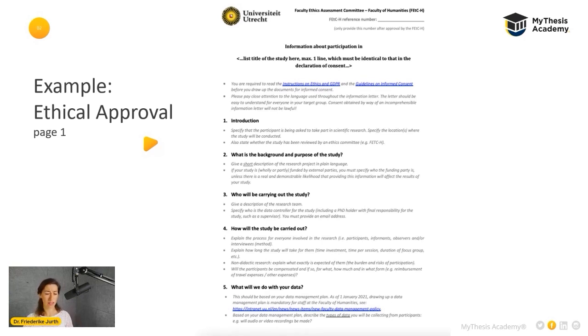So all the details which are about the process and about the time issue.